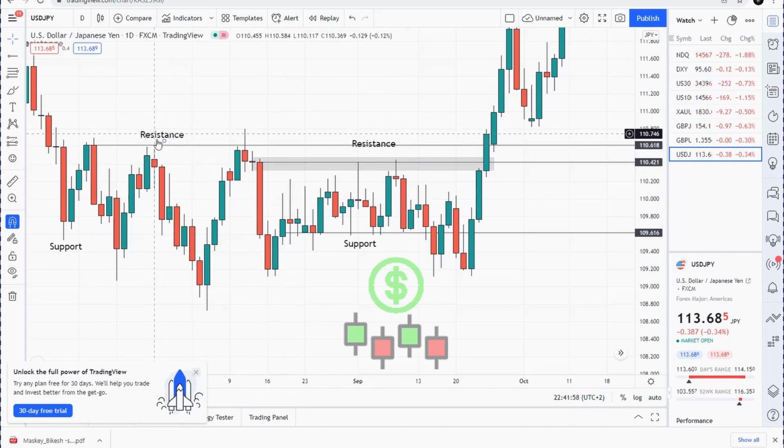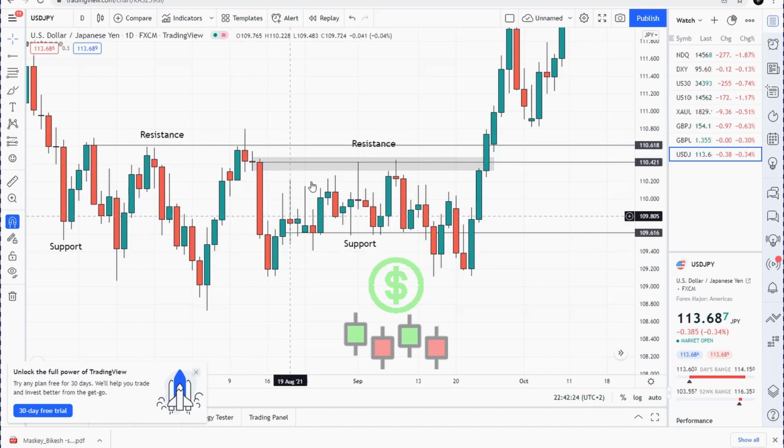So this is our resistance here. Price came here, it fell, we couldn't go up from here. We started going to the downside, and when we came again here, we couldn't break this high. Then price came back again and failed to break this high, even though we see a spike here, which is a sign of liquidity. It went up there to collect orders, and then we saw the move to the downside.